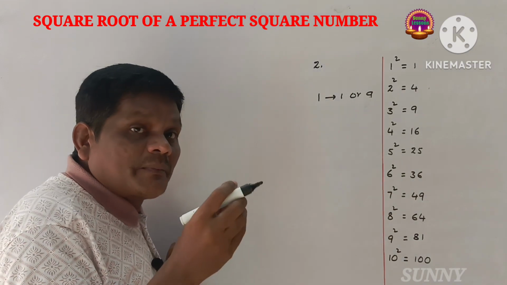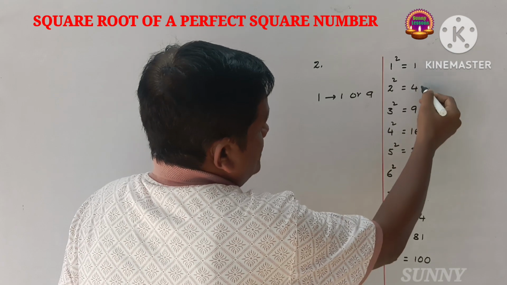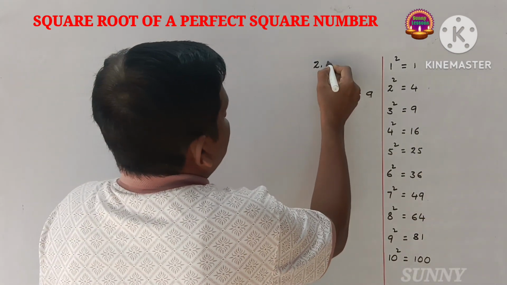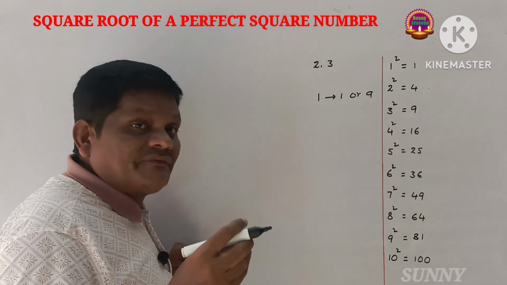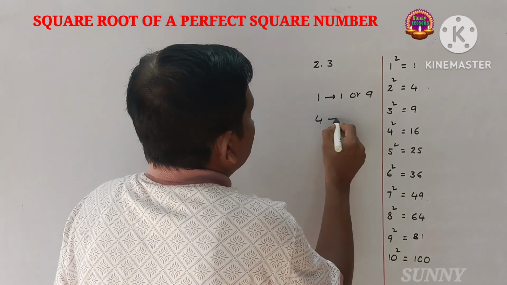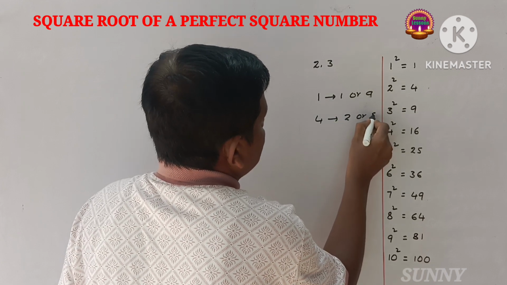When a perfect square number ends with 3, check: yes, they never end with 3. When a perfect square number ends with 4: yes, it is 2 square or 8 square.